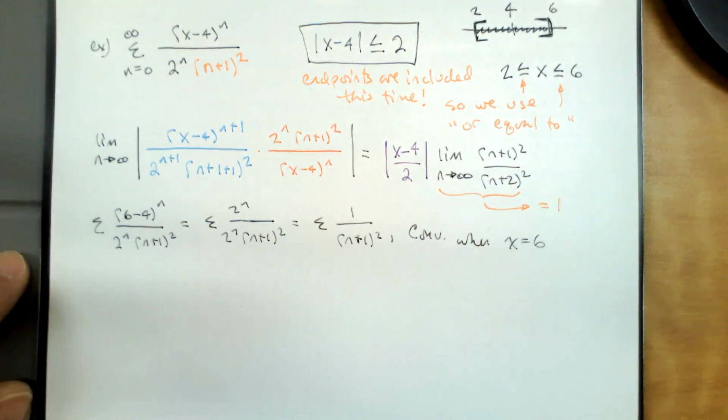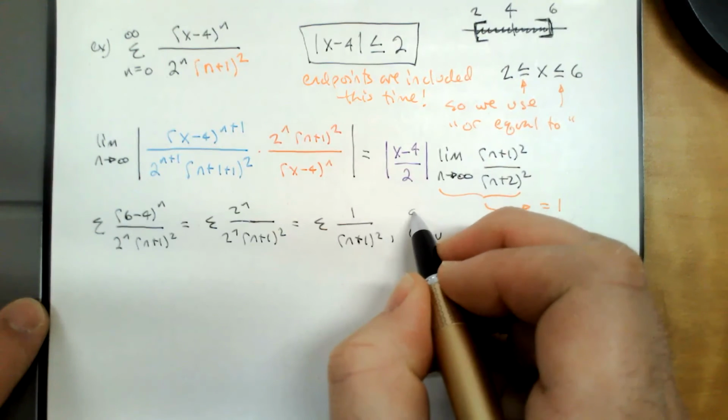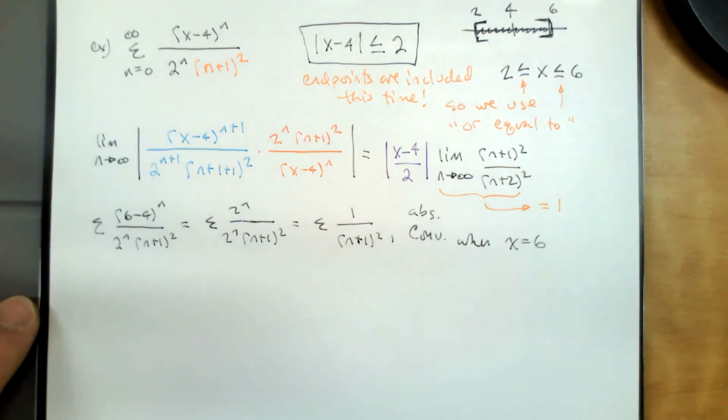So we get convergence when x equals 6. Absolute convergence, I guess we should be more specific, because 1 over n plus 1 squared is always positive, so we get absolute convergence by default.